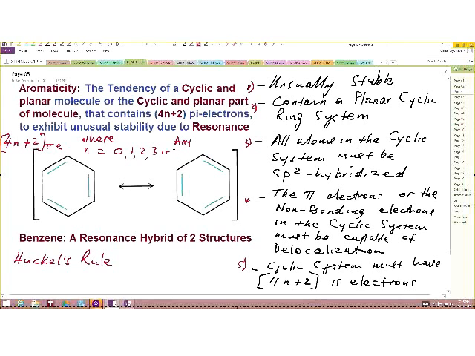An integer is a whole number. Okay? Now, let's just look at all of this. Have you written all this down? Okay.